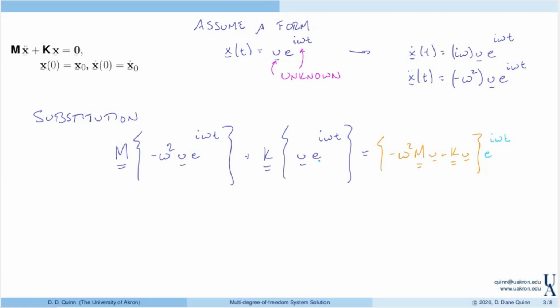Again, we factored this time function out. And then this equals 0, right? Because the equations of motion equals 0. So really, what this amounts to is making sure that this quantity here in brackets vanishes, right?